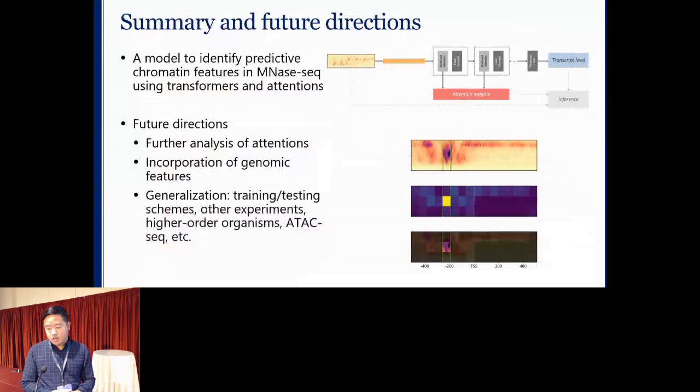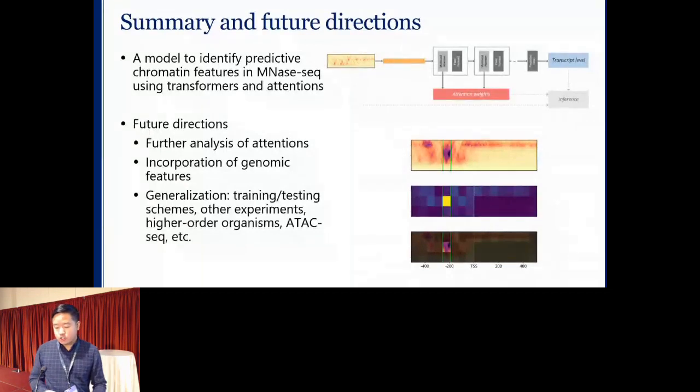And to summarize, I described a predictive model for using the chromatin to predict gene expression using transformers, and then using the attentions of those transformers to identify features and positions in the input chromatin to potentially find interesting or predictive features in the chromatin that drive the prediction.